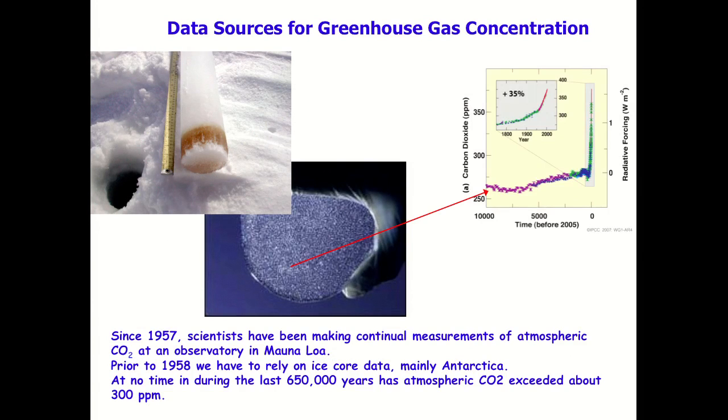That's just to emphasize the increase over the last 10,000 years, and specifically after the Industrial Revolution. 35% increase in CO2 following the 280 parts per million pre-Industrial Revolution concentration.